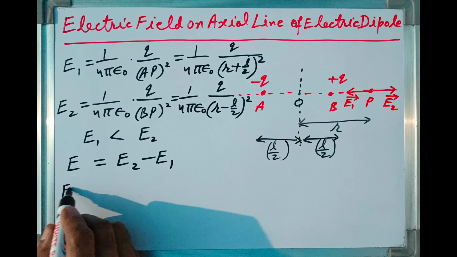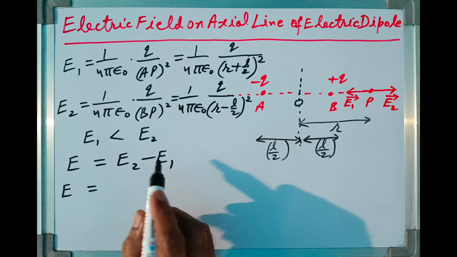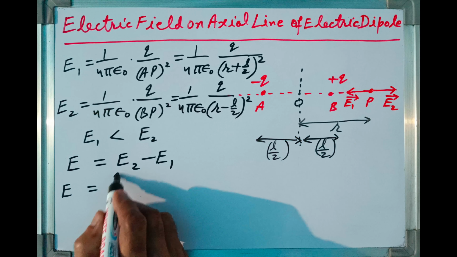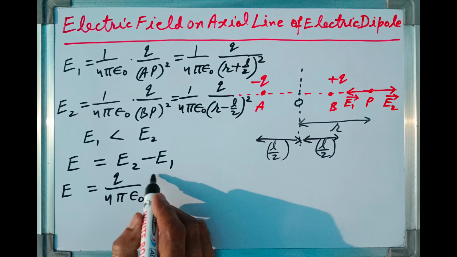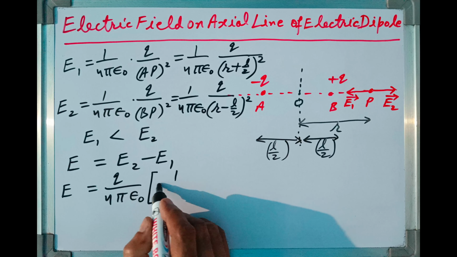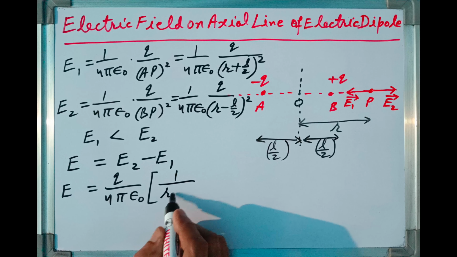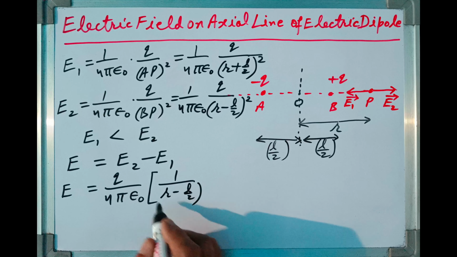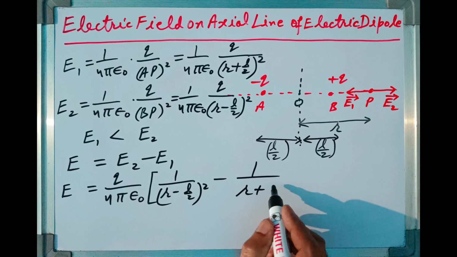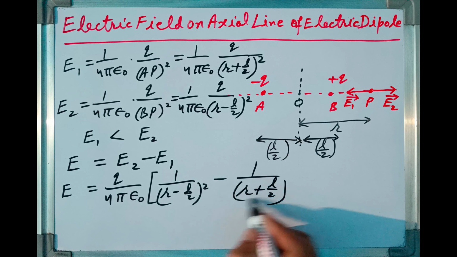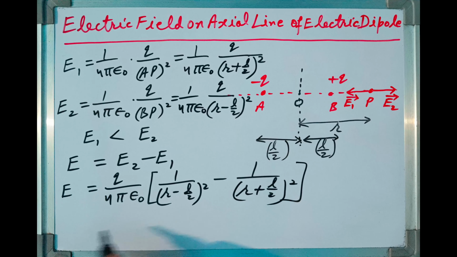Let us put the values and simplify. E2 minus E1. After taking Q upon 4 pi epsilon naught as common, I can write 1 upon r minus L by 2 whole square minus 1 upon r plus L by 2 whole square.